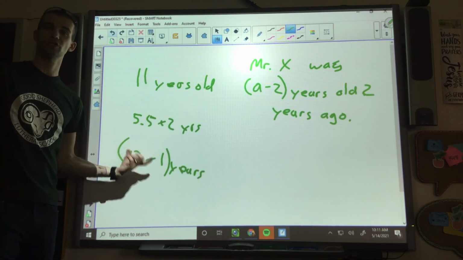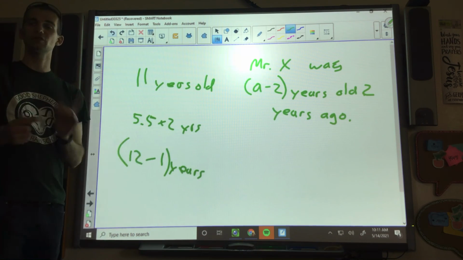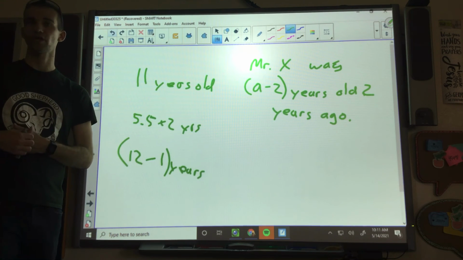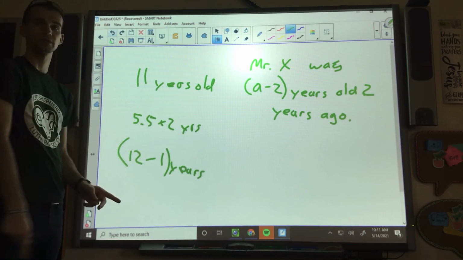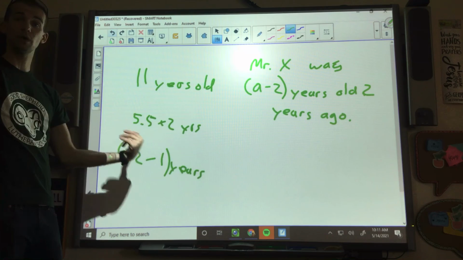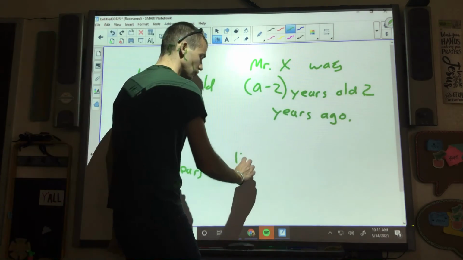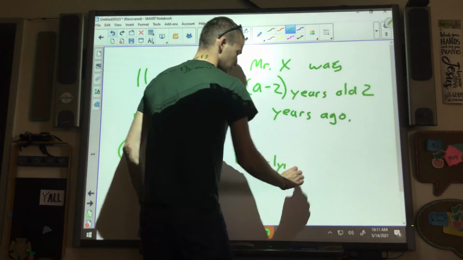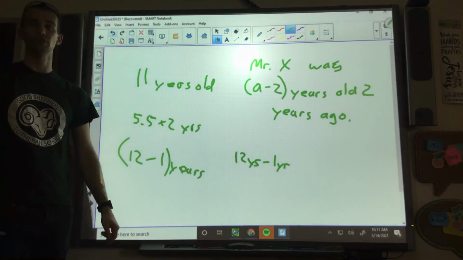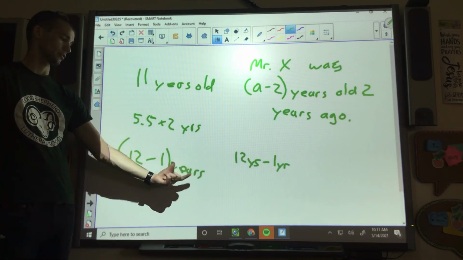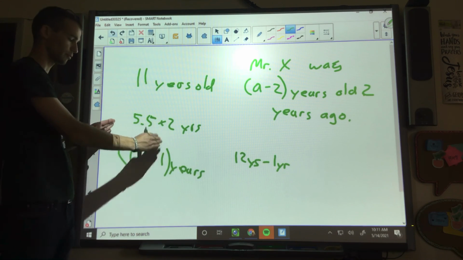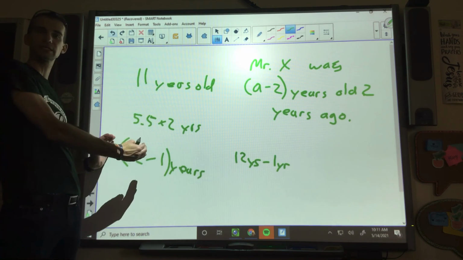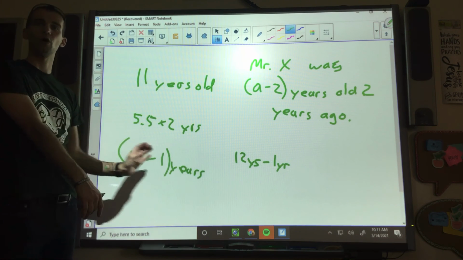Because anytime you have addition or subtraction, you need to put the label in parentheses. Otherwise, you need to say 12 years minus 1 year, to show that the years applies to each one of them. If you put the parentheses, that means it applies to everything inside the parentheses.